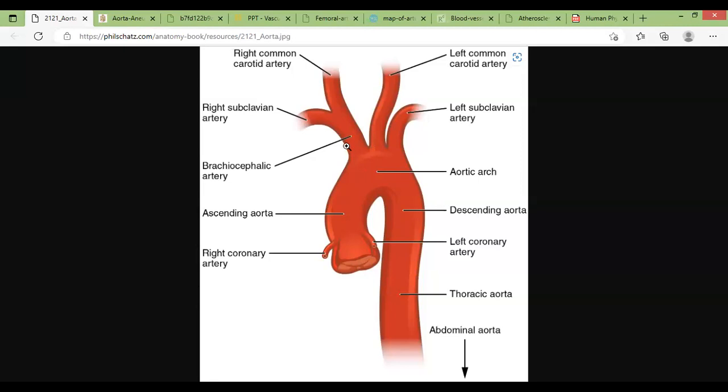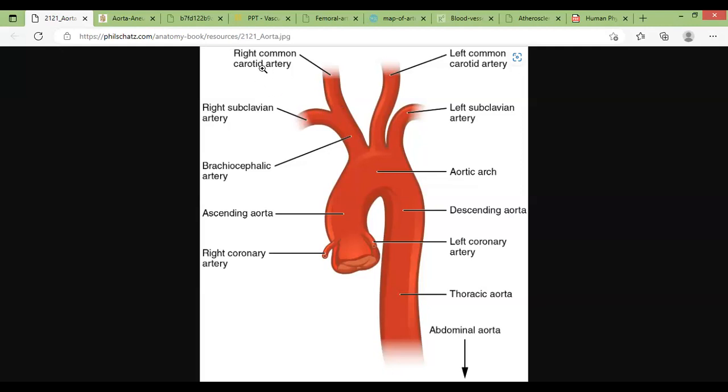We have the right subclavian, the left subclavian. We have the brachiocephalic, which will supply the right side, your right hand, and also will break off to the right common carotid artery.